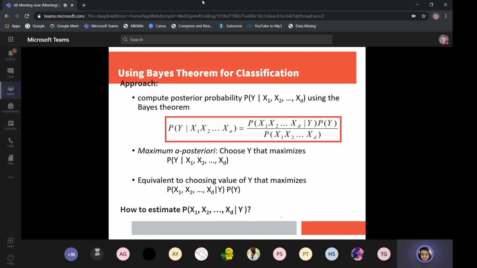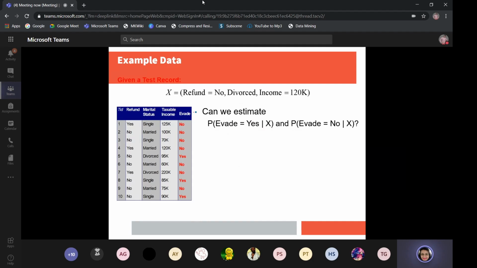Okay, fine, let's finish this off. If you have to estimate this value, how do you do that? You have been given a record x, with values x1, x2 and x3.